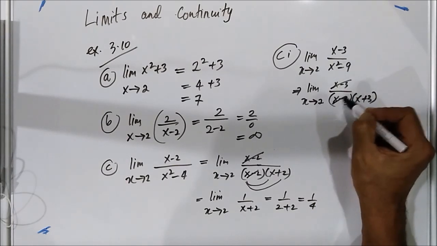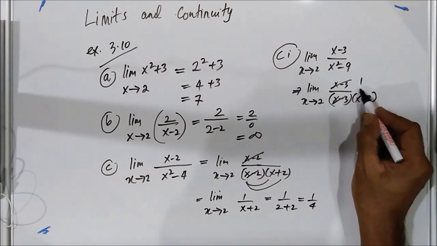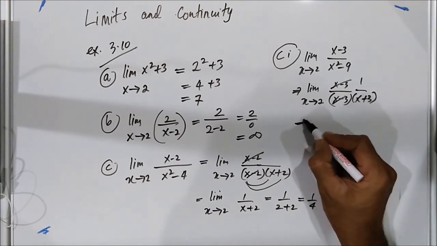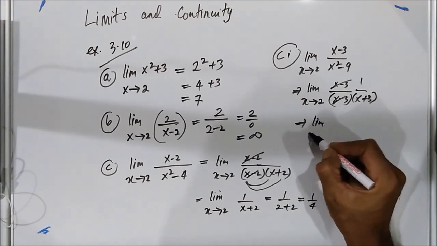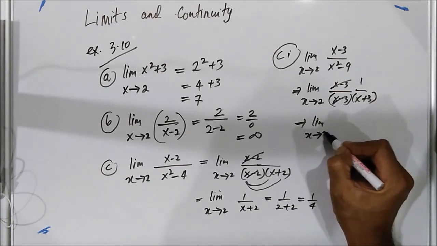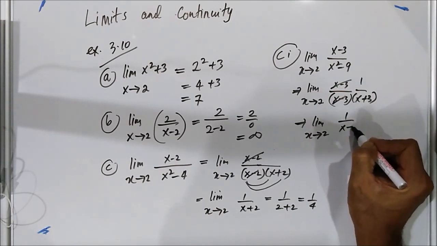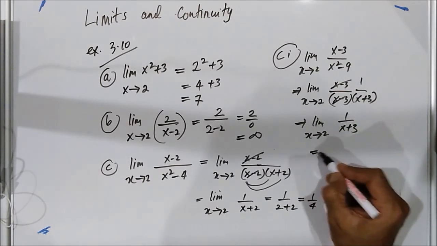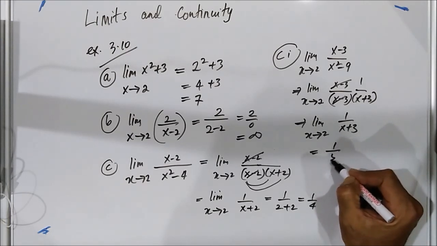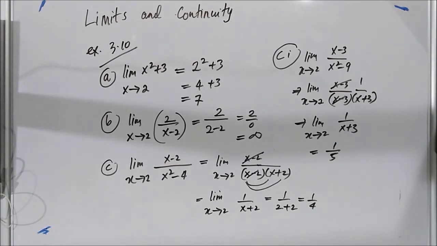So this can be cancelled off here. We get the limit as x approaches 2 of 1 over x plus 3, which is equal to 1 over 5. This is how we solve rational functions, a special case of rational function.